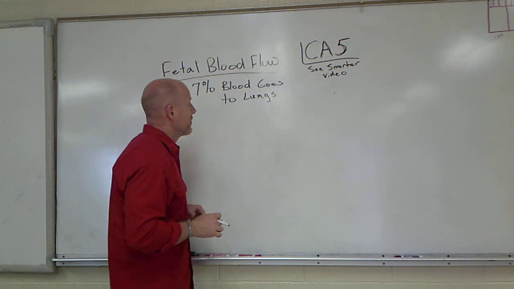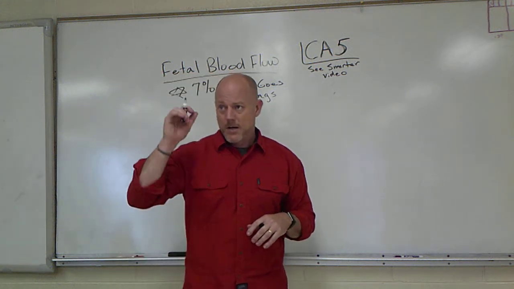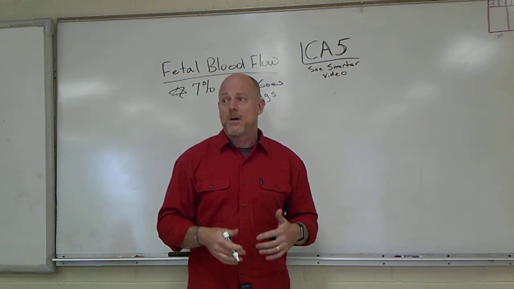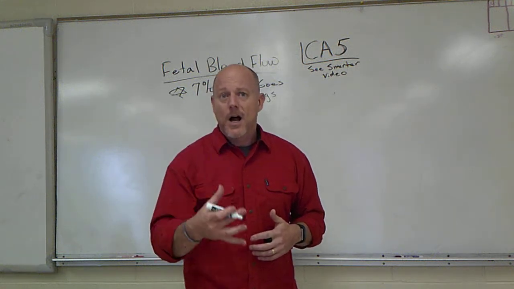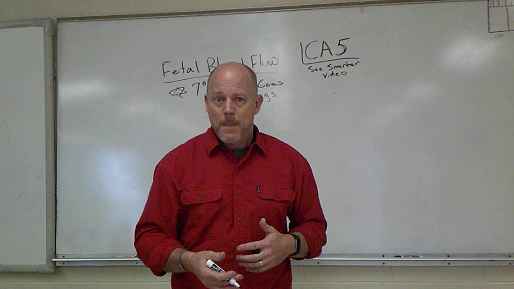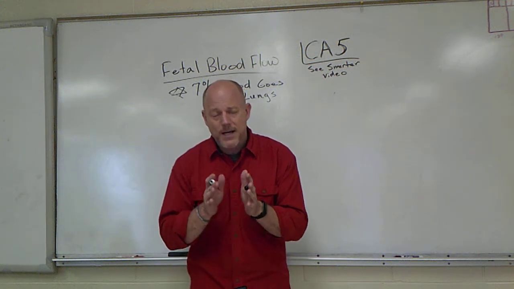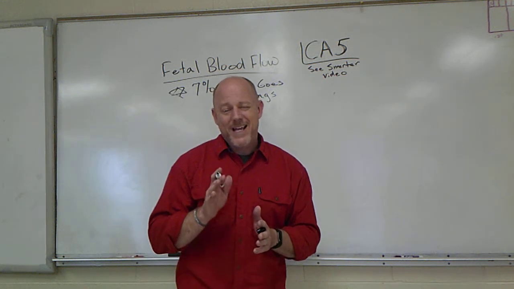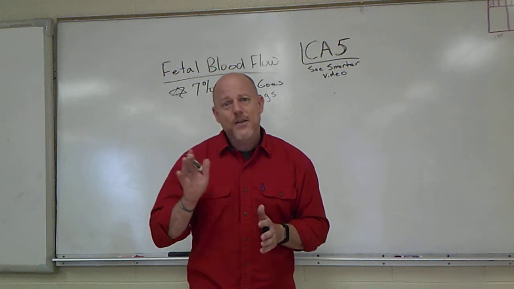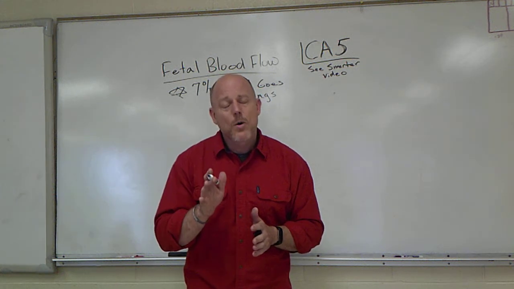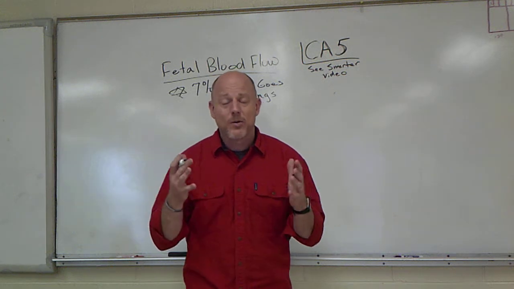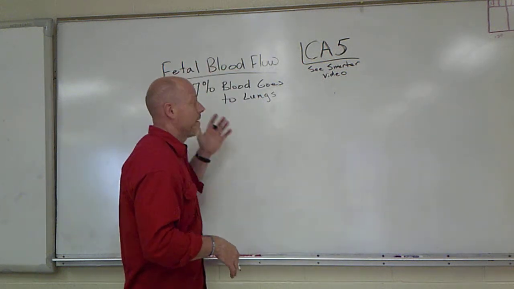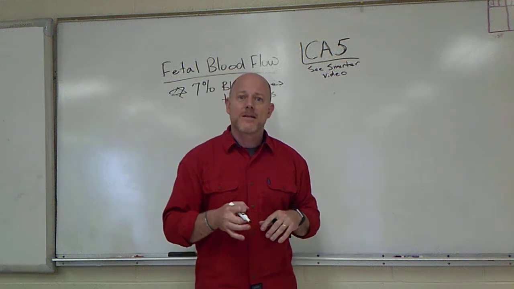And one of the main reasons is your mom is breathing for you. Her umbilical vein and umbilical artery is bringing in to your body that oxygen-rich blood that you need. So, long story short, I hate to simplify this, but as a baby, the right side of your heart doesn't do a whole lot. It does pump, it does do its job, but only 7% really of its whole job, because mama's doing the breathing for you.